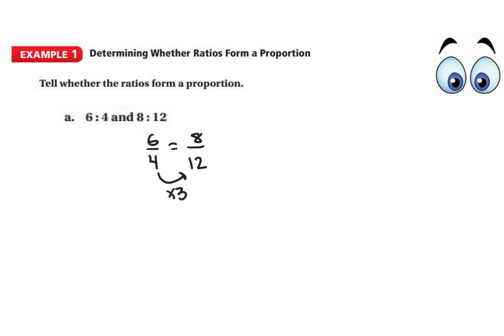So if I apply that same factor to the top, 6 times 3, I should get 18, but instead I actually get 8. And 8 is not 18, so therefore we would say no, these are not proportional.